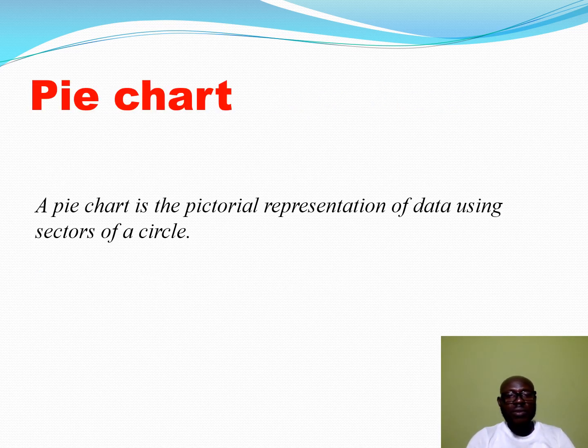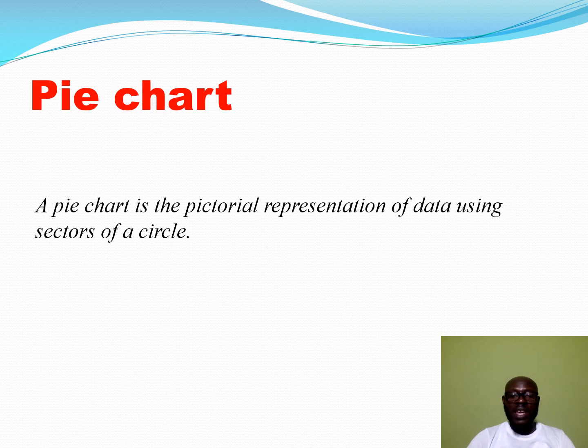Now, there is a question on the screen. What is a pie chart, or how do we understand a pie chart? When we say a pie chart, how are we going to explain it for someone to understand? A pie chart is the pictorial representation of data using sectors of a circle.